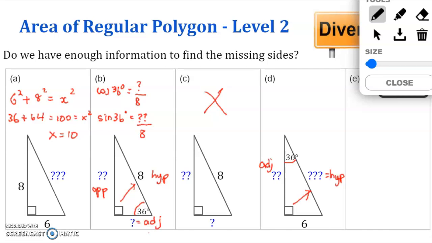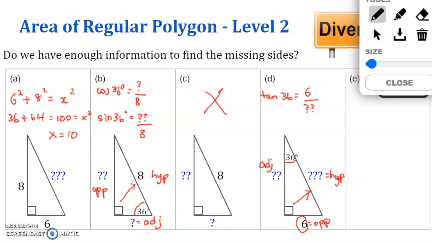And this is the opposite side, so we know the opposite. To figure out the adjacent, we're going to look for the trig function that deals with opposite and adjacent, and that's tangent. Tangent of 36 is going to be equal to opposite, which is 6, divided by adjacent, which is question mark.